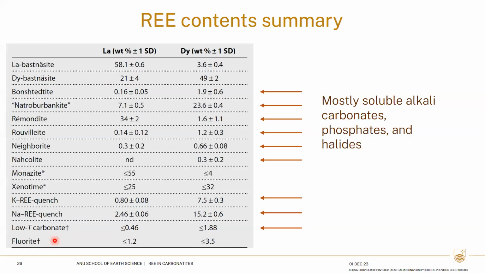And I formed all kinds of weird minerals, ruvelite and neighborite and all of those things, and many of them had a measurable amount of rare earth elements, okay? In total, maybe 1 or 2%.